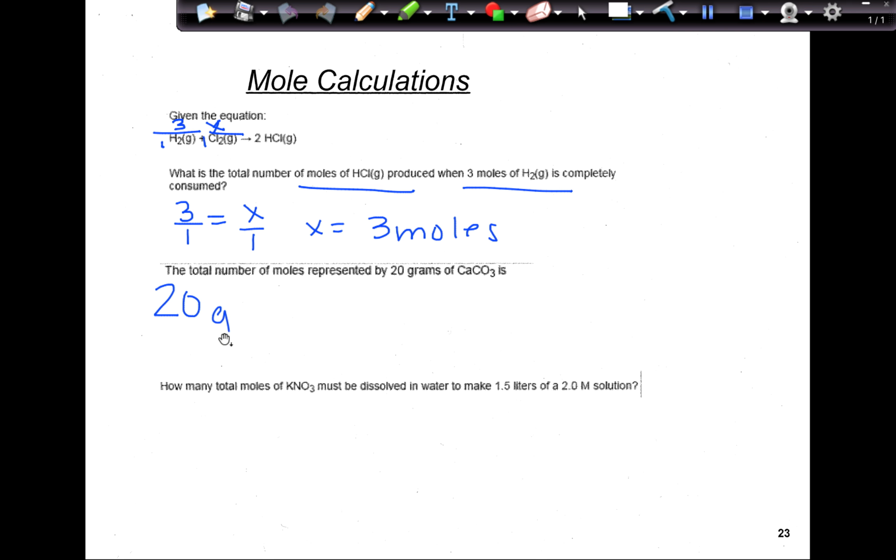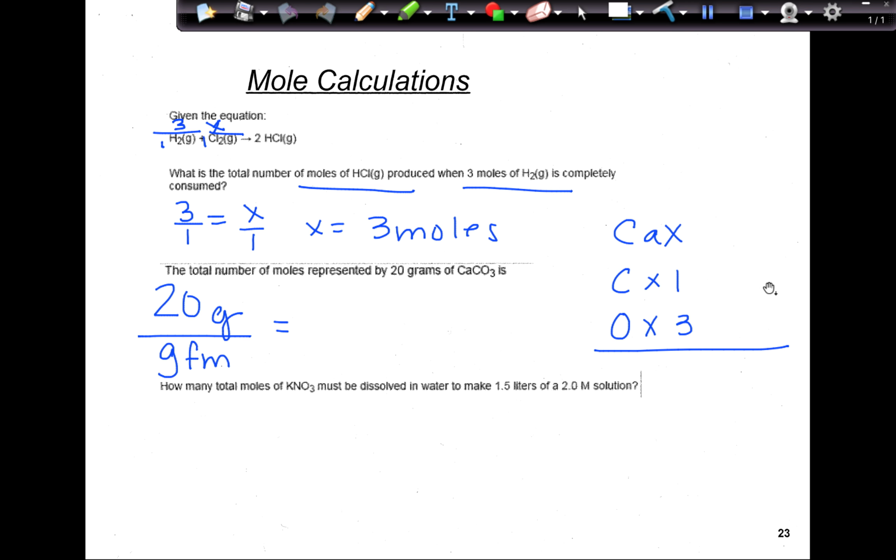If we want to know the total number of moles represented by 20 grams of CaCO3, we're always going to put grams given over the gram formula mass to get an answer, which means that we have to find the gram formula mass. So we're going to need to look on the periodic table.